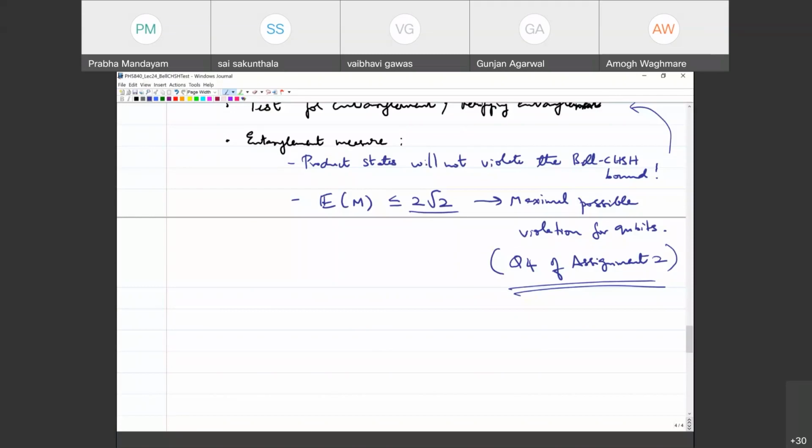So if you look at 2-level systems of qubits and compare it with 2 outcome measurements, then the classical upper bound is 2, but the quantum upper bound is 2 root 2. And so what we are saying is that essentially the Bell states achieve maximum violation. So they are the ones that saturate this inequality, right? In the quantum case.